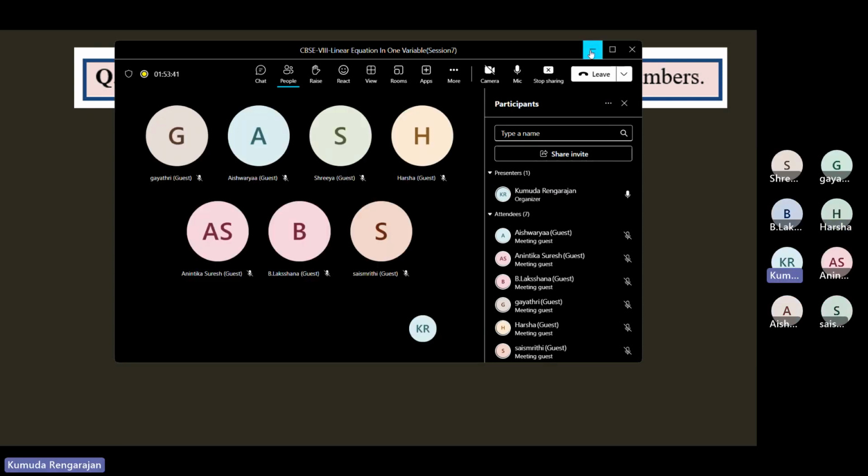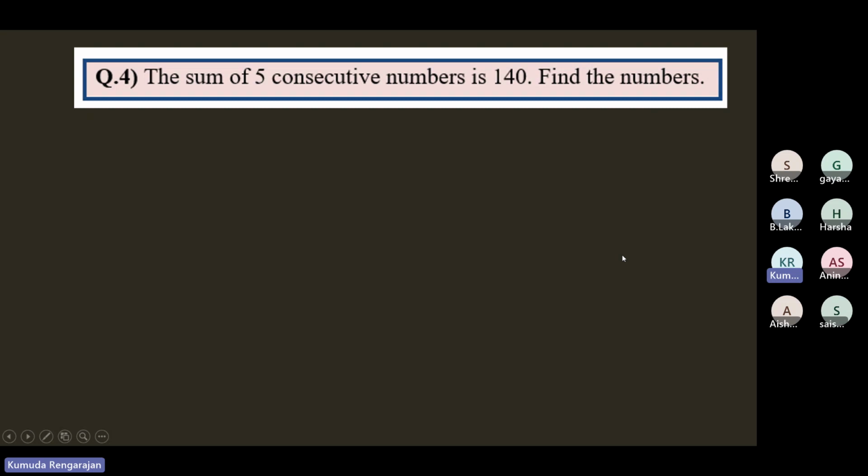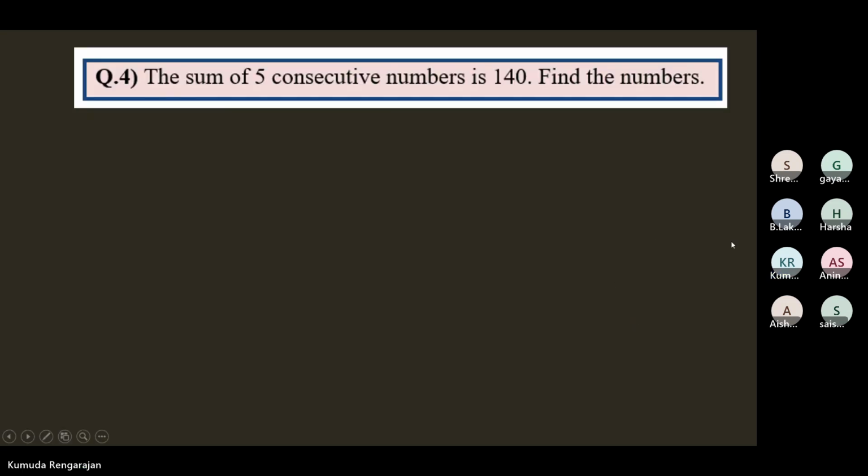You will try this one. Please work and then share your answer. Here there are 5 consecutive numbers. So I should write the first consecutive number, the second consecutive number, like that? No, you can just write let the five consecutive numbers be x, comma, and go on like that.